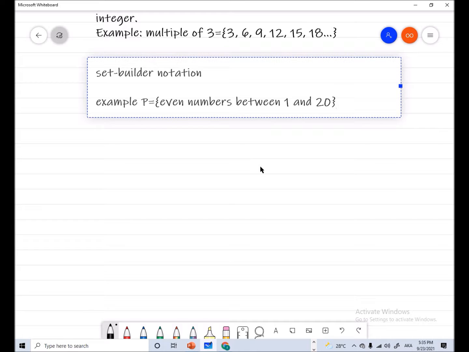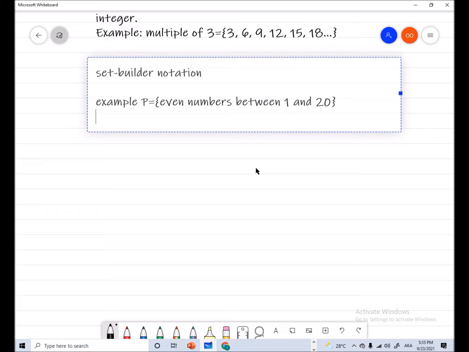If such a question is given, now we know what an even number is. We know the definition of even numbers, and it says that the even numbers are between 1 and 20. So now let us list them. Set P will be what?